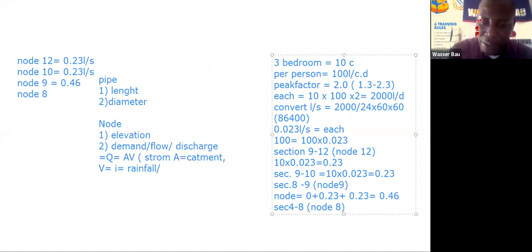And we say that node 8 now is equal to 0 plus the value for node 7, which is 1.22 from yesterday, plus the value for node 9, which is 0.46.